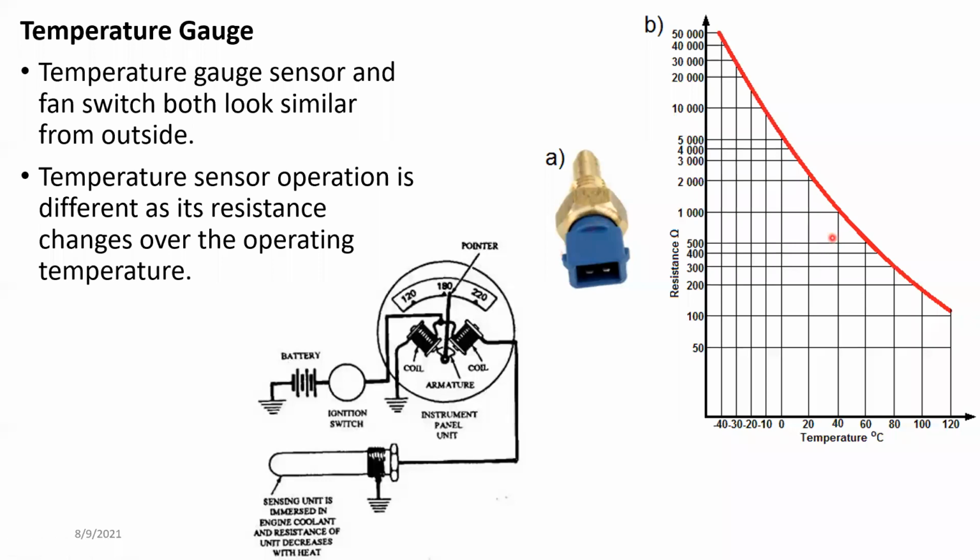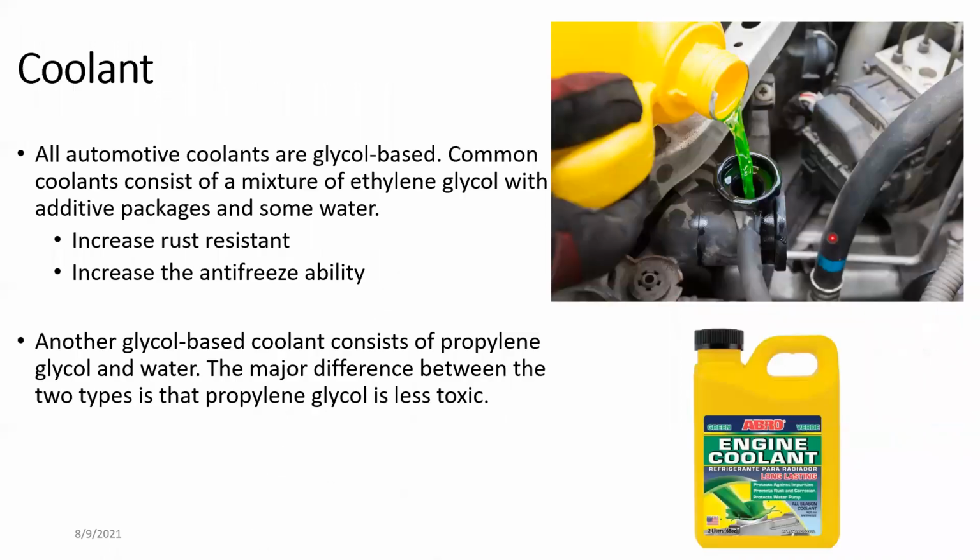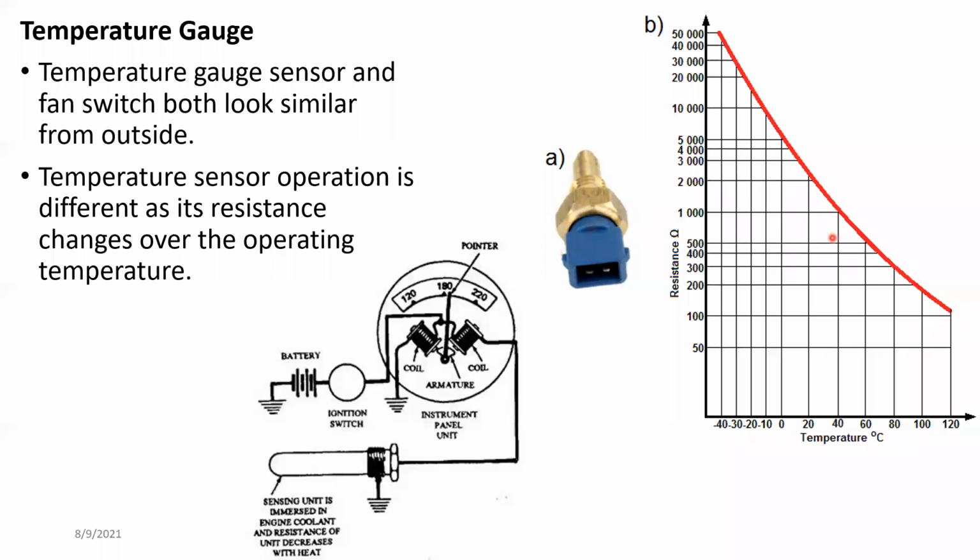If the resistance drops or increases suddenly at around 80-85 degrees exactly, that means it's a switch, not a sensor for the gauge. If it's the other way around, if it is reducing or increasing gradually, that means it's a sensor. That's the only way you can find out if you don't have any other details regarding this.